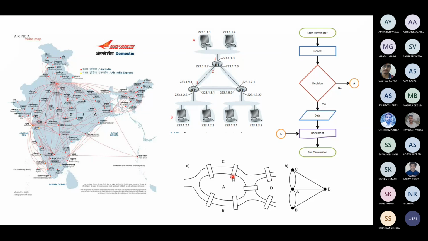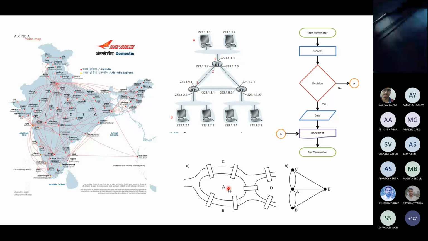No, he should come back at the end only. So he goes to D, then comes to B. He is reaching A, but he is not covering all the bridges. He has to cover all the bridges, exactly once, visiting all 4 lands, and reaching back to where he started. So it's an interesting problem.